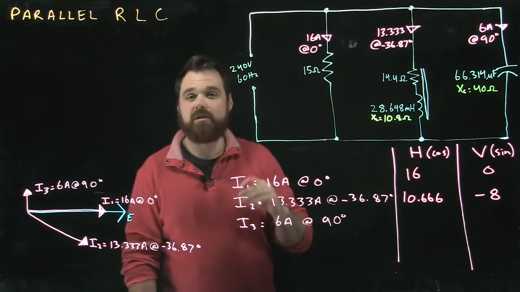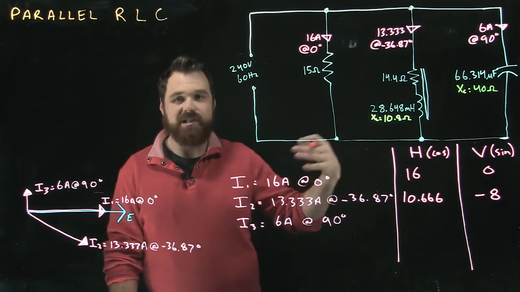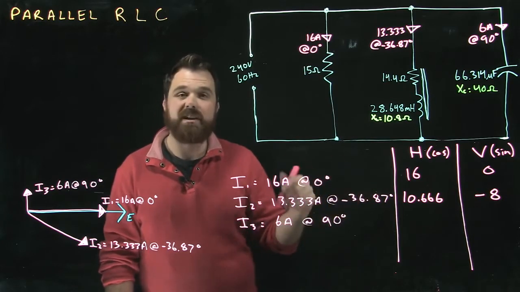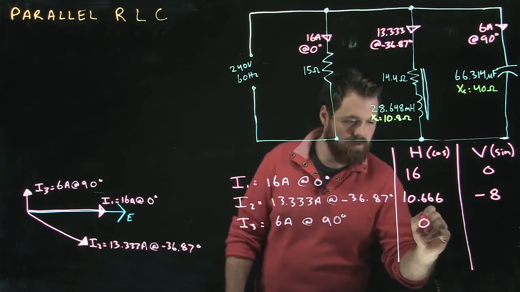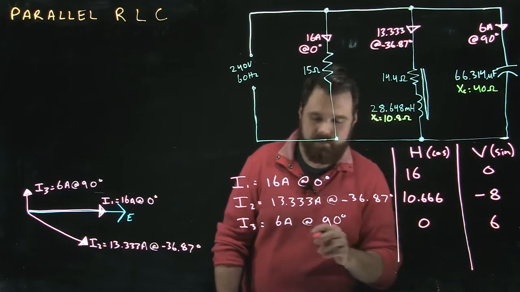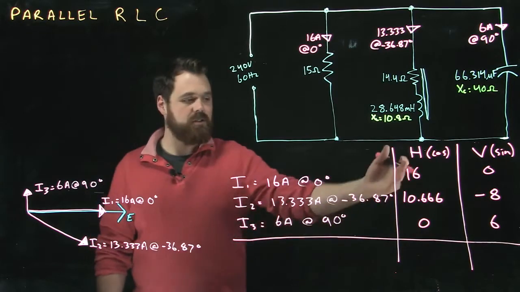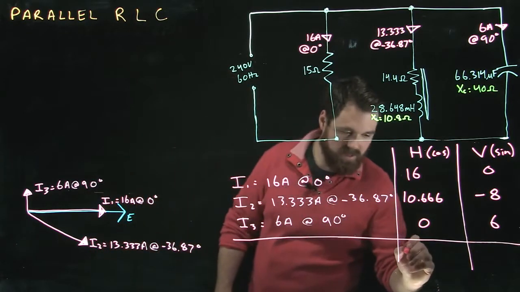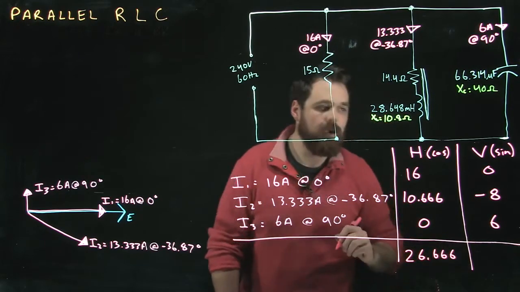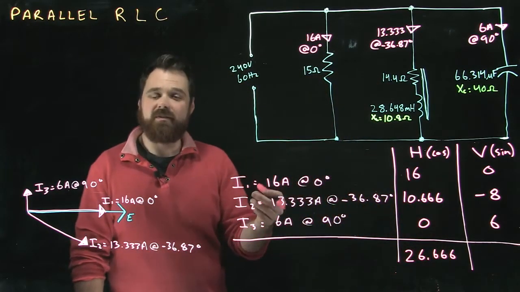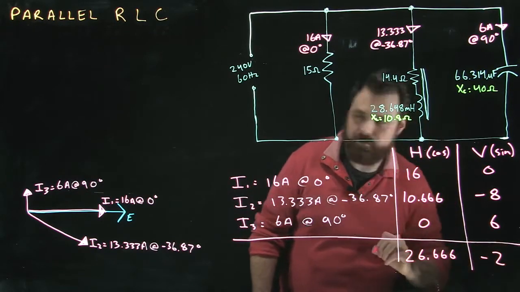It's a negative angle, so make sure when you're putting it into your calculator you use that negative angle, or you go 360 minus 36.87 to get that proper angle. And then here we get 0 and positive 6. So we add up all our horizontals, 16 plus 10.666 gives us 26.666. And we add up our verticals, negative 8 plus 6 gives us negative 2.